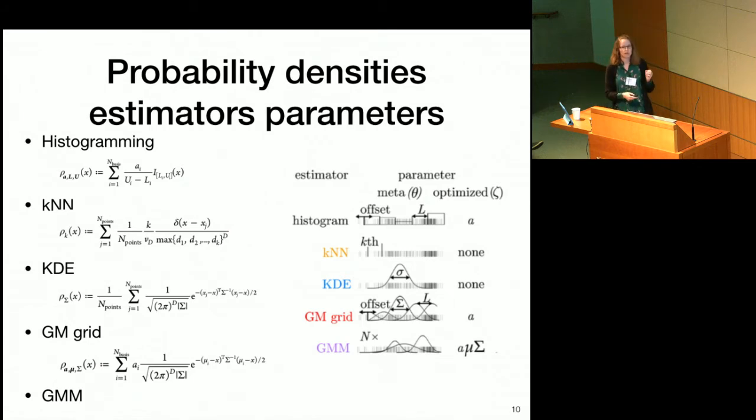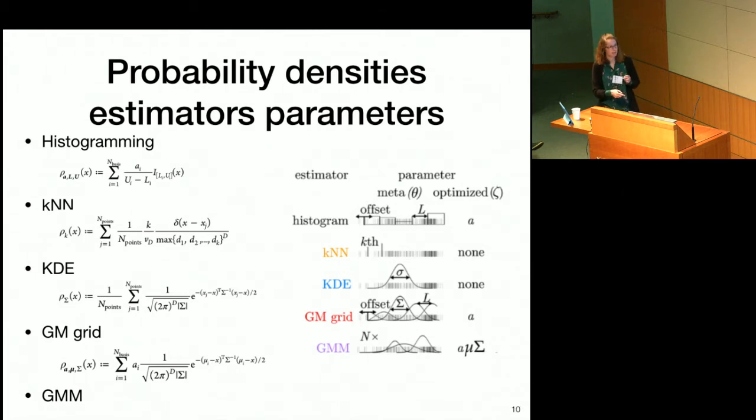So the number of Gaussians is fixed because it is equal to the number of points that you're estimating the density for. In the case of GM grid, Gaussian mixture on a grid is a continuous version of histogramming, and you can recognize offset and a spacing between points as meta parameters, while the amplitudes need to be optimized.